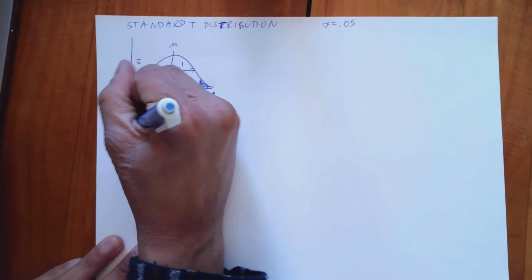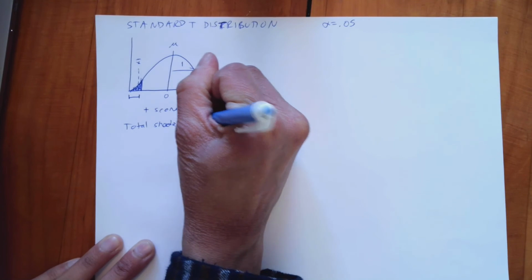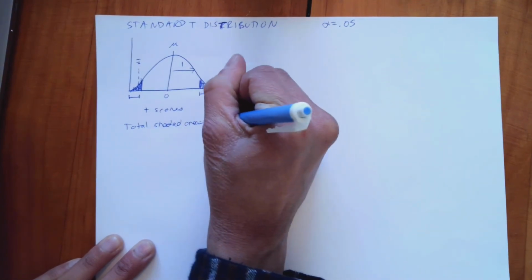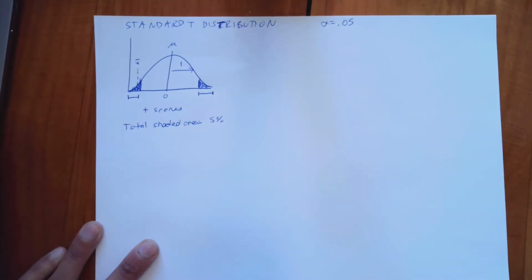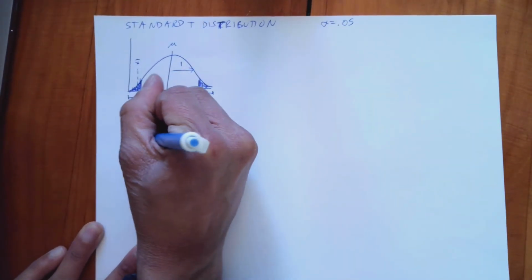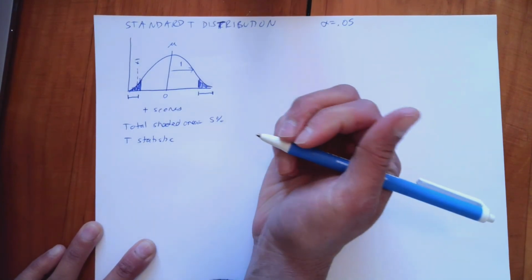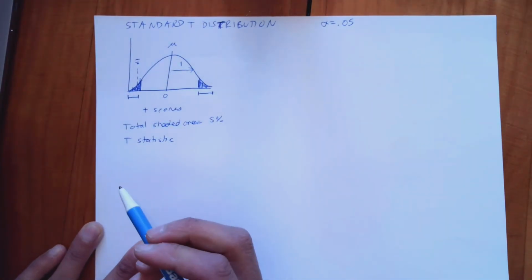So our total shaded area is 5%, and we want to know if our t-statistic lands us in that area.